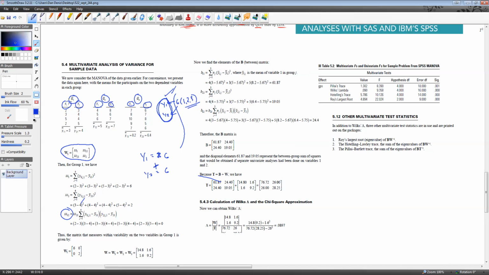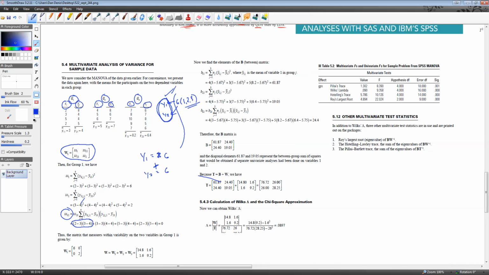Now, I just want to clarify something I said earlier. I said you're not crossing anything. That wasn't the best way to say that, because you're crossing Y1 and Y2 here. 2 minus 3, 3 minus 4, right?